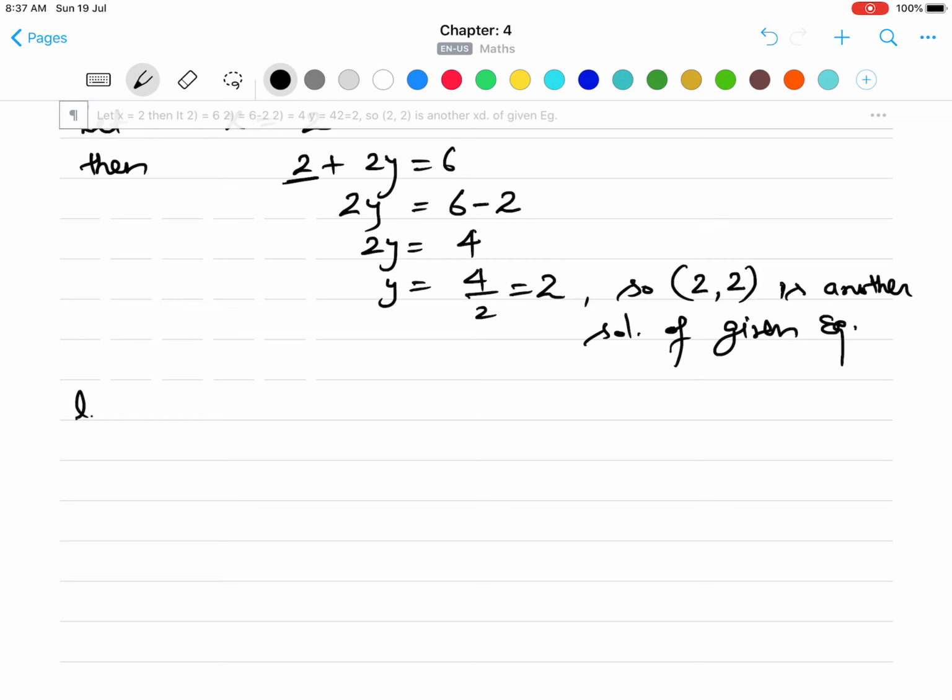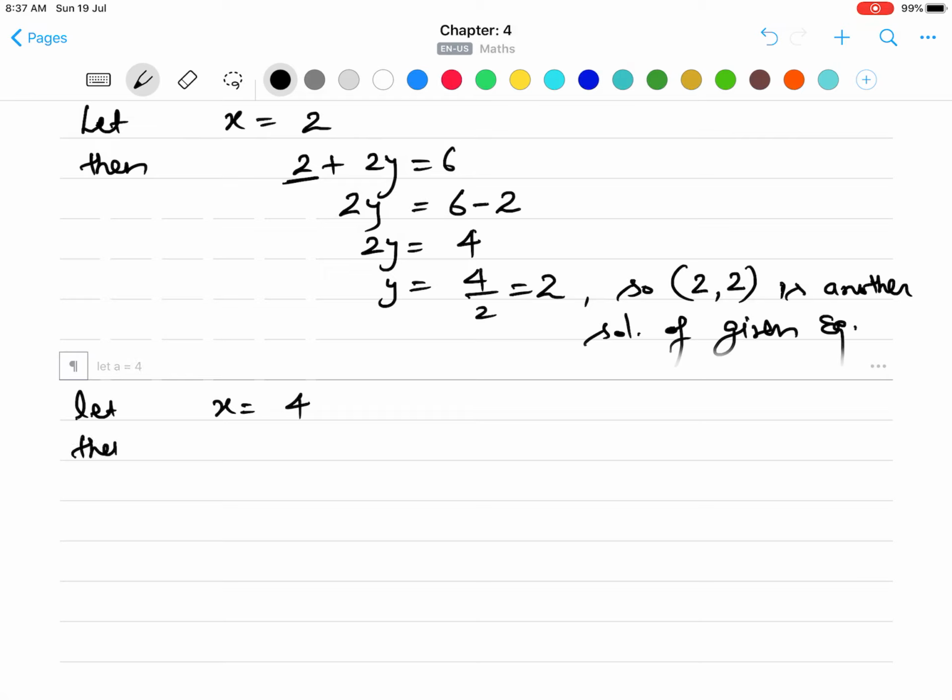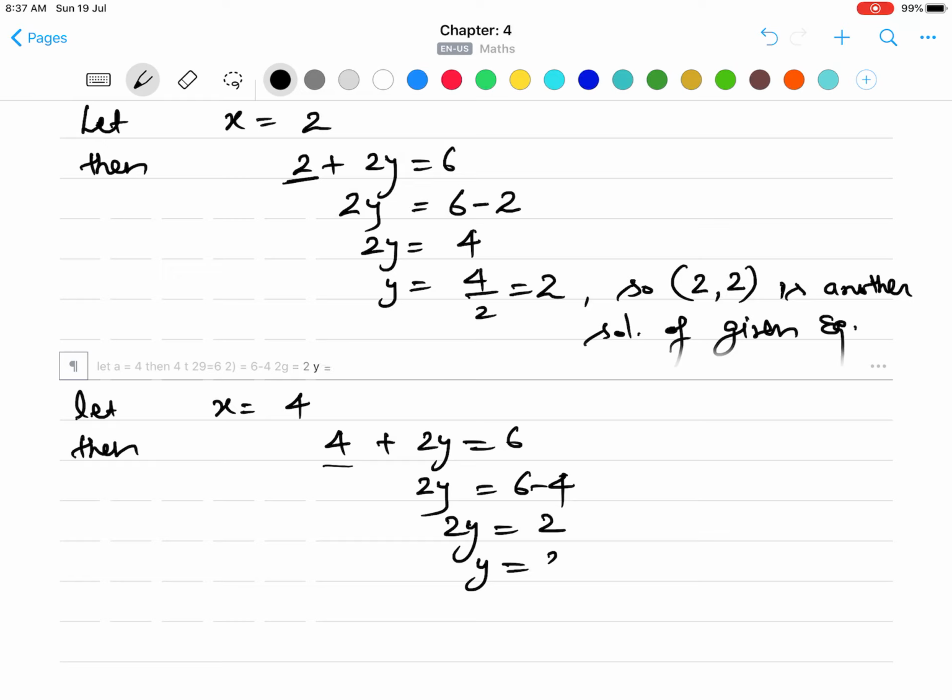So let's take, this time, x equals 4. Then our equation will become 4 plus 2y equals 6. Keeping this 2y on the left hand side, we'll shift this plus 4 onto the right hand side, which will be 6 minus 4, so we'll remain with 2y equals 2, and y will be equal to 2 divided by 2, which is 1.